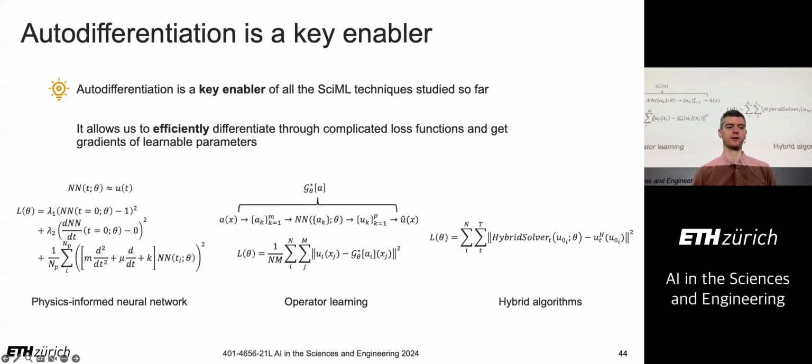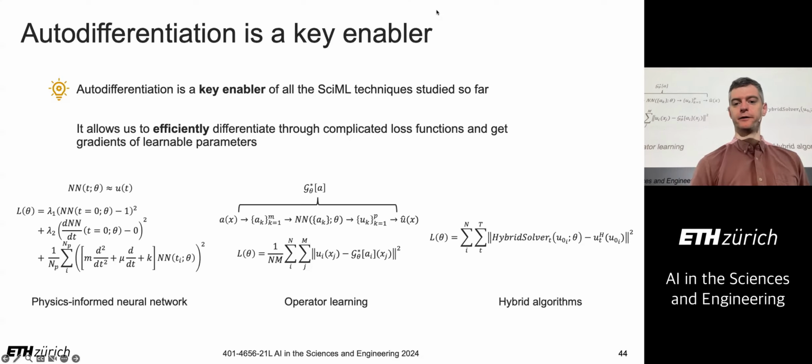So I've been trying to explain to you that auto differentiation is a really incredible tool that we've developed from these modern deep learning libraries. It really is the key enabler that allows us to train these SciML techniques that we've studied so far.